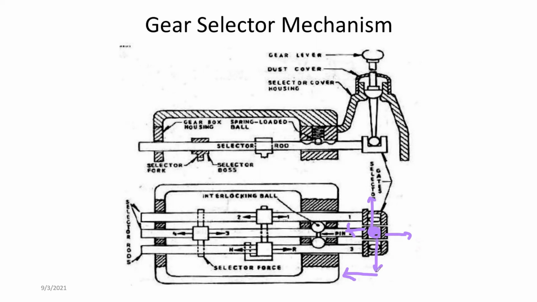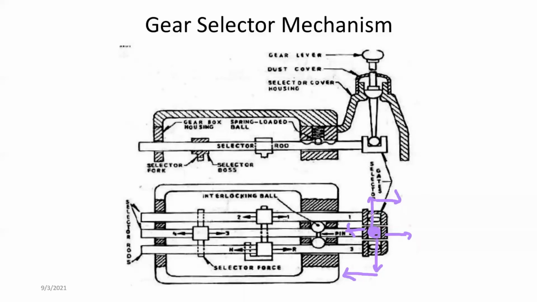Then if I move the gear lever left, the bottom part of the lever moves right. So if I do left, down and up, the bottom part of the shifter moves up and right.